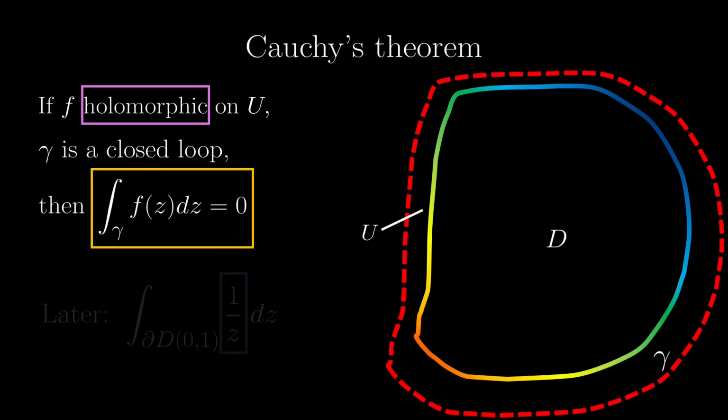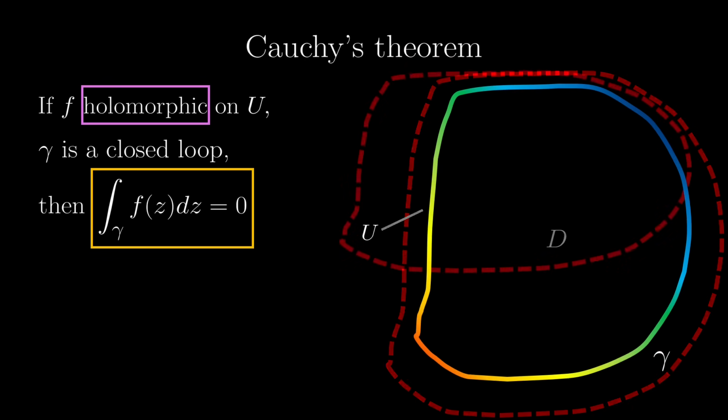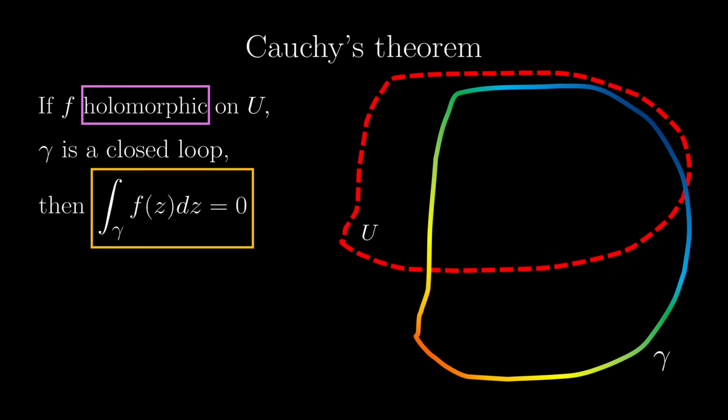So why is this important? You have just told me that sometimes it doesn't work. Well, let's say that the region where f is holomorphic does not completely cover gamma and D. Suppose that we integrate anti-clockwise along gamma, then another slightly modified curve will give the same value for the integral. Why?